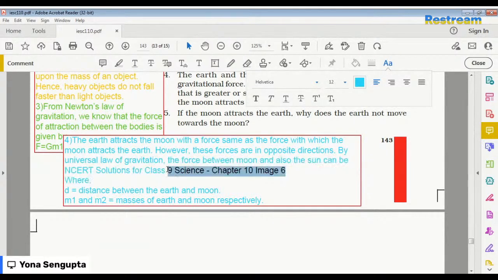However, these forces are in opposite directions.